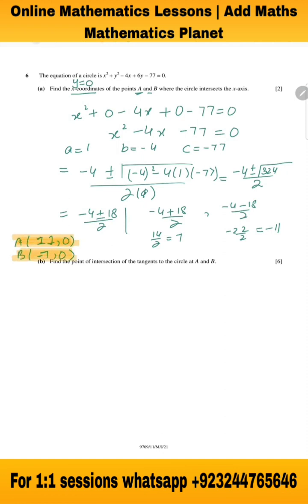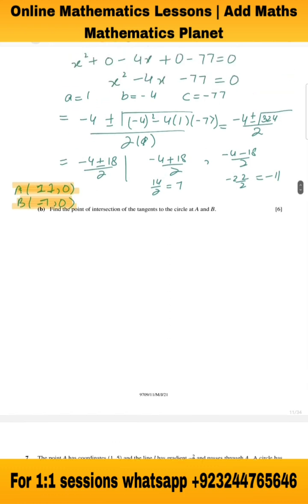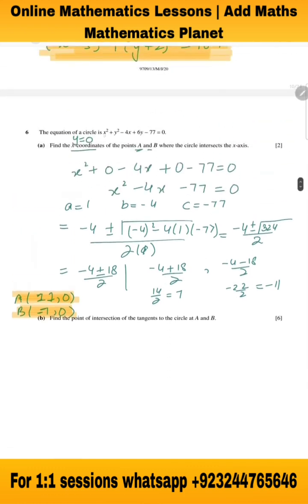Okay. Find the point of intersection of the tangents to the circle at A and B. So the line is tangent to the circle. What was the equation of the circle? The equation of the circle is x square plus y square minus 4x plus 6y minus 77 is equal to 0.